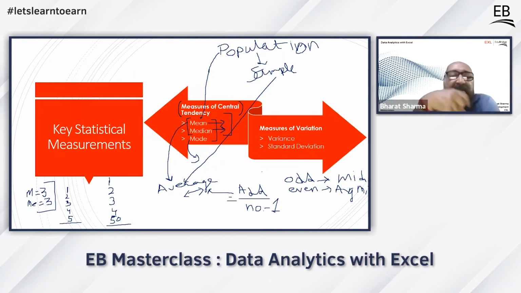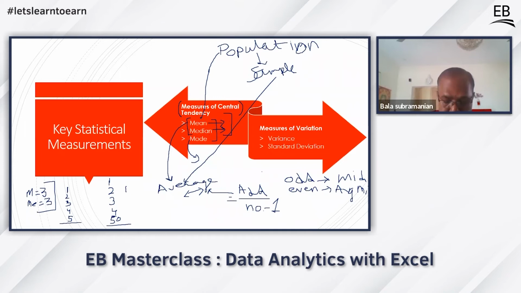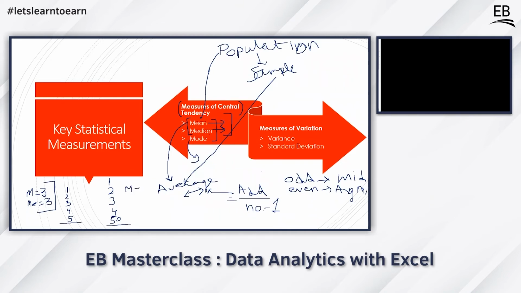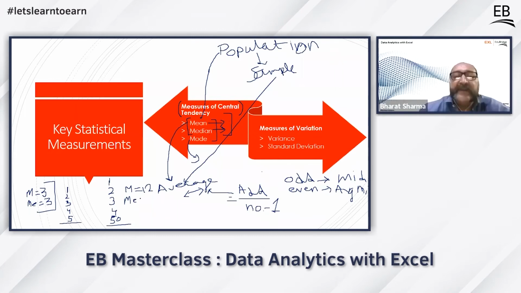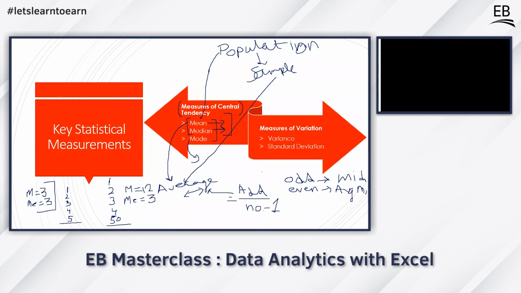What is the mean of this data? I think it is 12. And what is the median? 3. Is everybody on the same page, my friends? Median is 3, mean is 12.